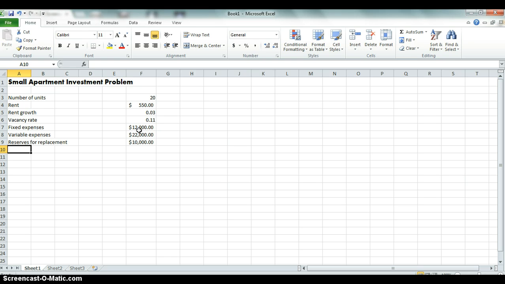Now we will take into consideration some growth for all these expenses. Fixed expense growth, variable expense growth, and the reserve account growth. All these three in percentage. So we have 3% in all of them.